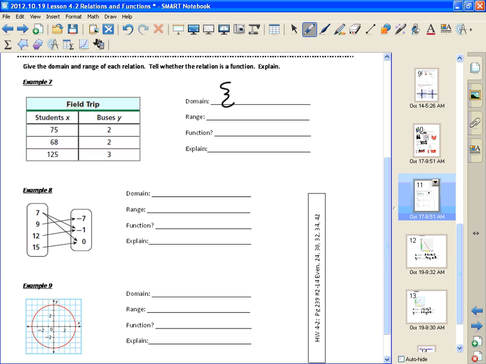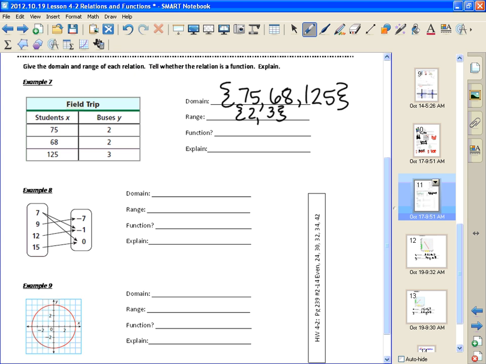So for my domain, my specific values are what? 75, 68, and 125, right? Then my specific range values are what? 2 and 3.